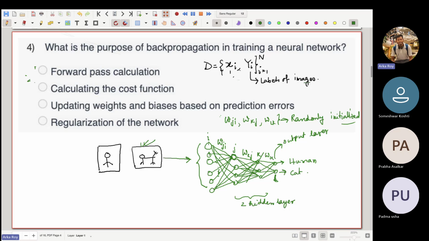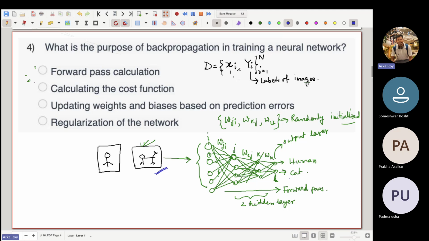So initially, these weights are randomly initialized. You will feed the data and then do the forward pass. And then at the output, you should get cat. But because these weights are randomly initialized and not well-tuned, you incur a substantial error while predicting this particular image.